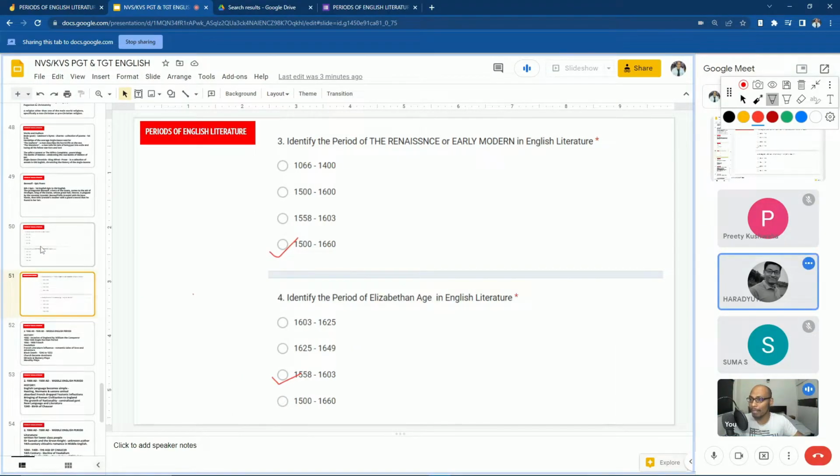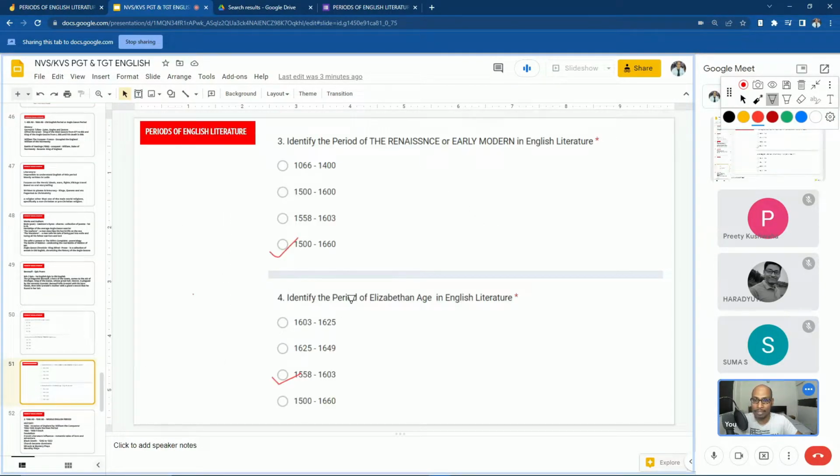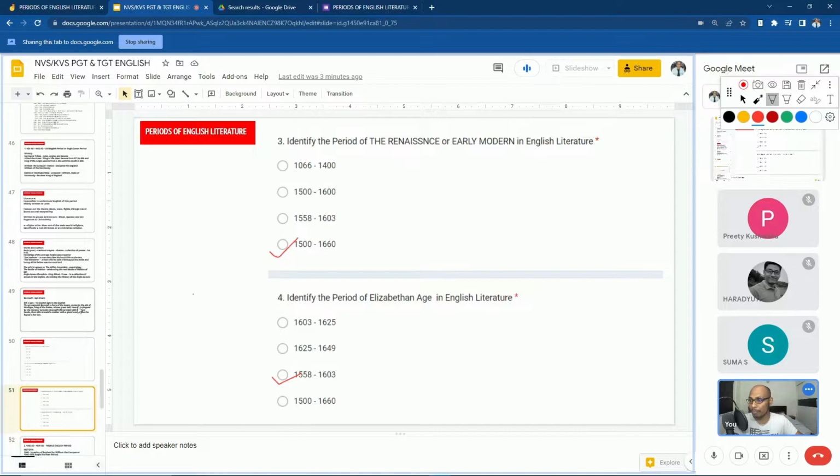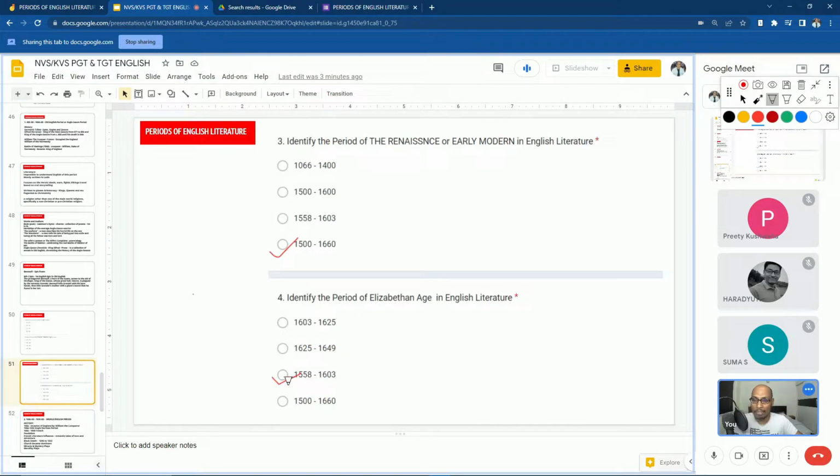Okay, let us come back and see the chart again. 1500 to 1660 is the Renaissance and early modern. The question is the period of the Elizabethan age, which we are particularly discussing. So the answer 1558 to 1603 is correct.